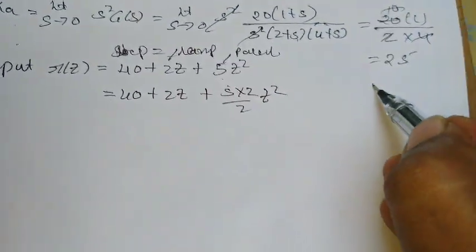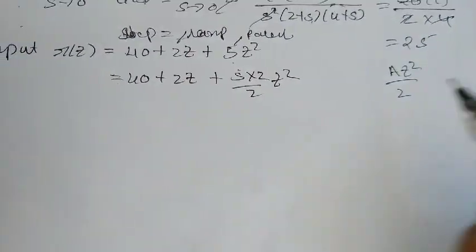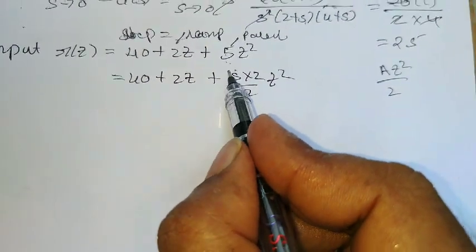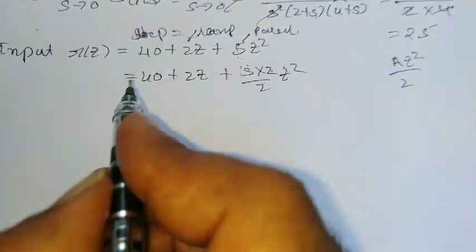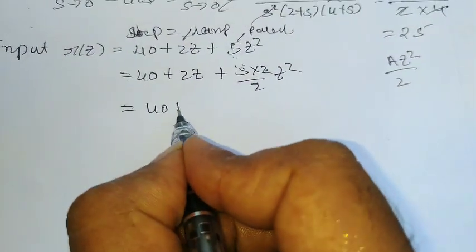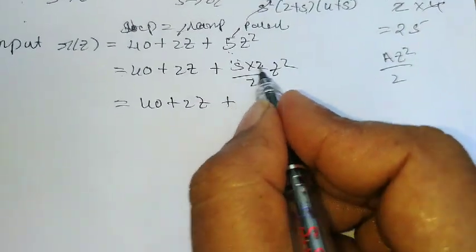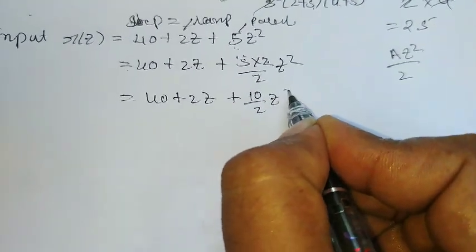So for parabolic, you have to get a by t square by 2. To get divided by 2, I am multiplying with 2 by t. So I'll get 40 plus 2t plus 5 into 2, 10 by 2 t square.